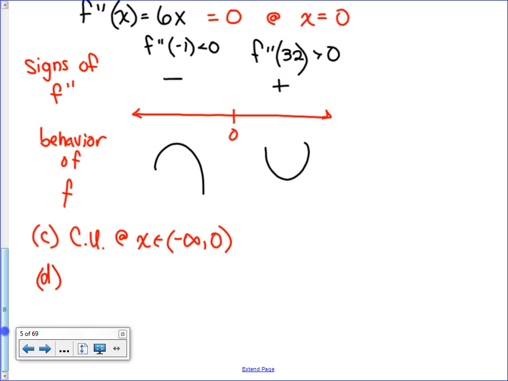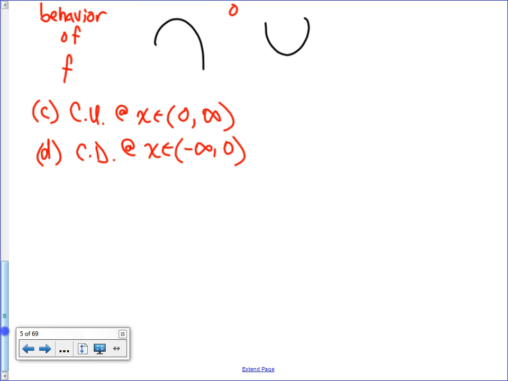Concave up at 0 to infinity. Concave down at negative infinity to 0. Uh-oh. What was part E? Does anybody remember? Inflection point.